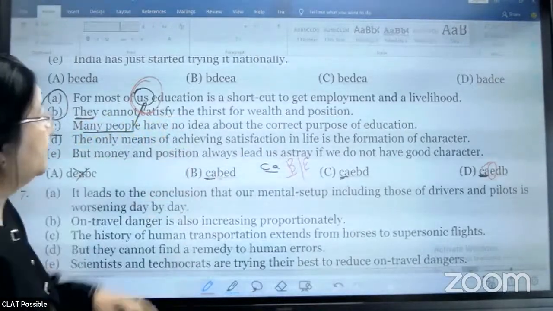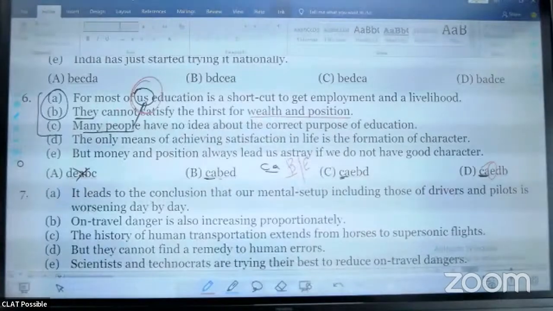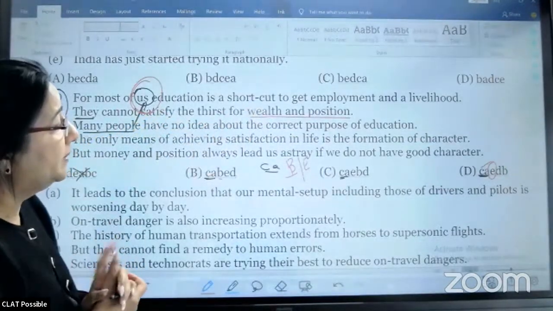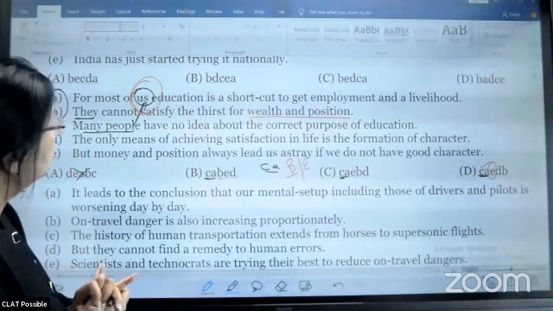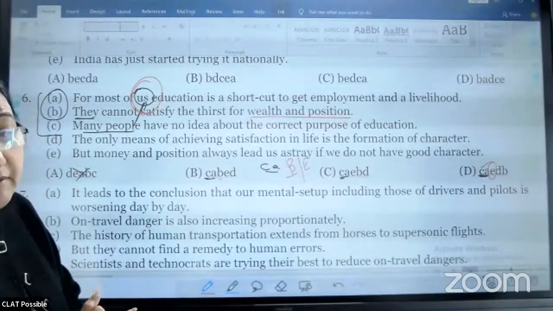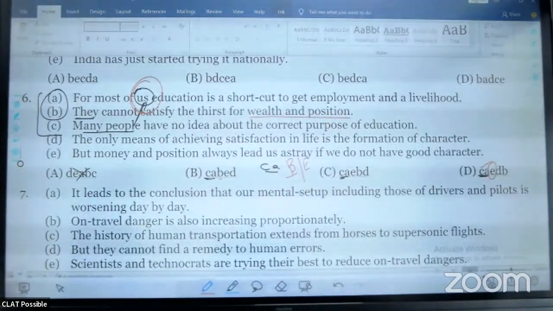They cannot satisfy the thirst for wealth and position. Many people have no idea about the correct purpose of education. For most of us, education is a shortcut to employment and a livelihood. Clear? And then comes B. Please have a look here, which clearly says what?